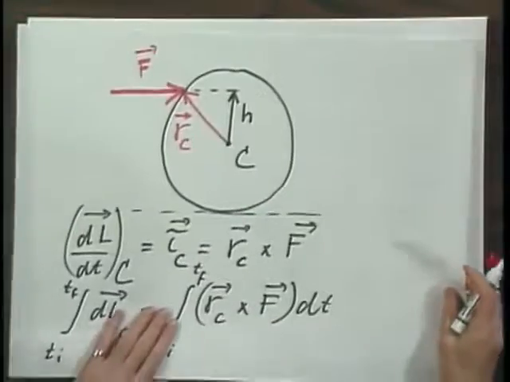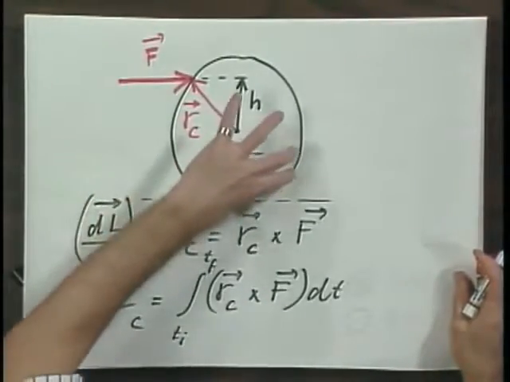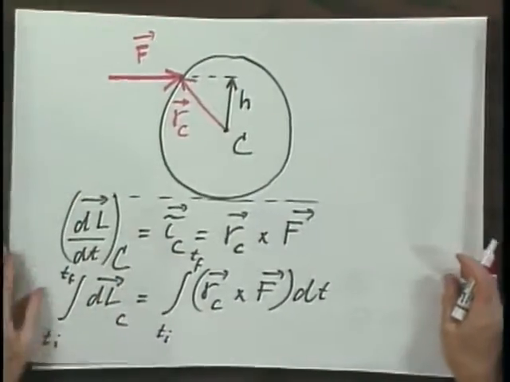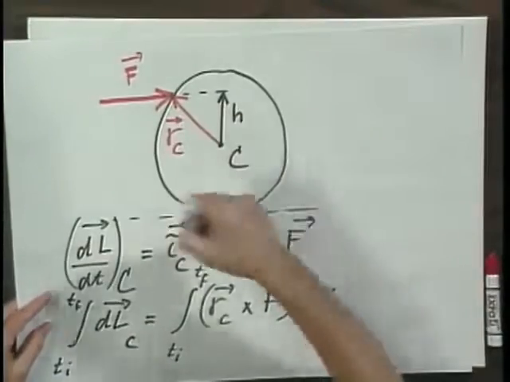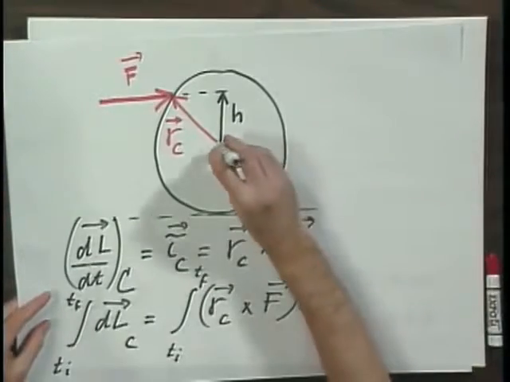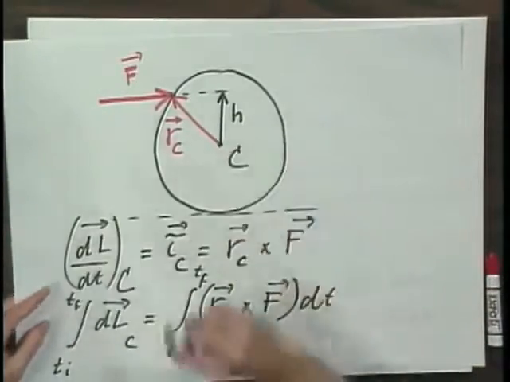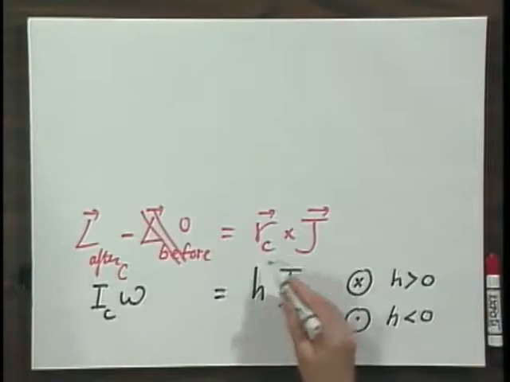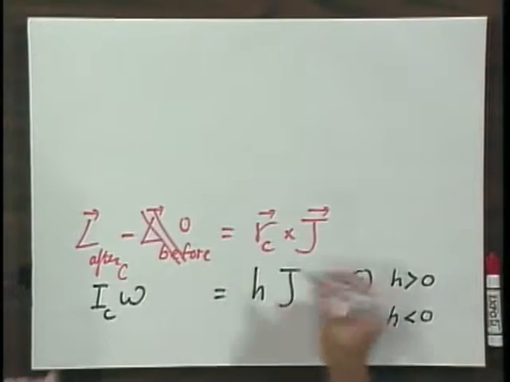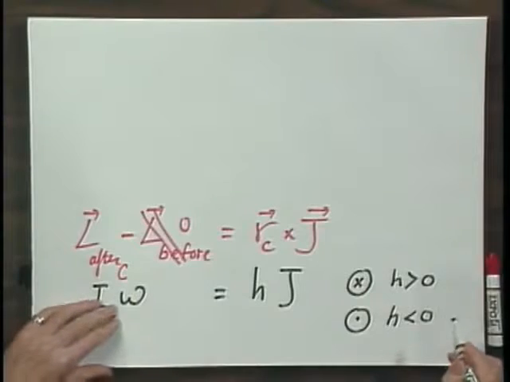If I hit the ball here, it will start to rotate in this direction. And if it rotates in this direction, the angular momentum vector about point C is up. So these are the magnitudes, and here you have the directions depending upon h.